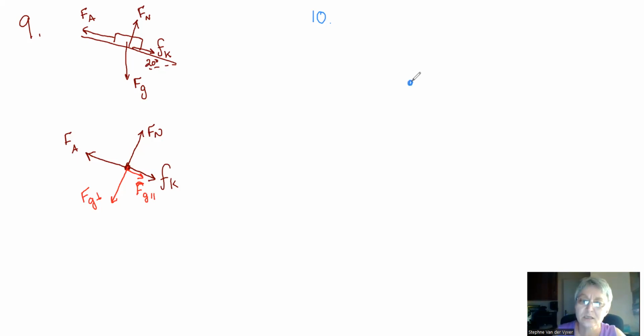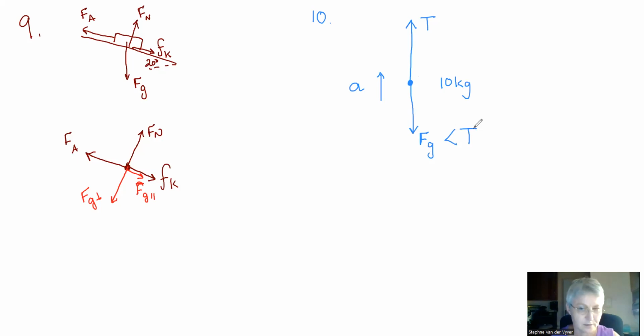So this 10 kg object is attached to something that accelerates it up, and that rope will have tension. Because it's accelerating upwards, the acceleration is upwards. The net force is upwards, so tension must be greater than Fg. Fg must be smaller than the tension in this case.